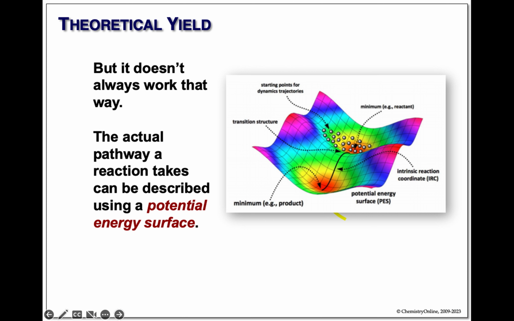Physical chemists tell us that a chemical reaction proceeding from reactants to products can be described somewhat like a surface. It's called a potential energy surface. I used to work with these all the time. So here we have what's supposed to be our reactants, and down here we have our products.